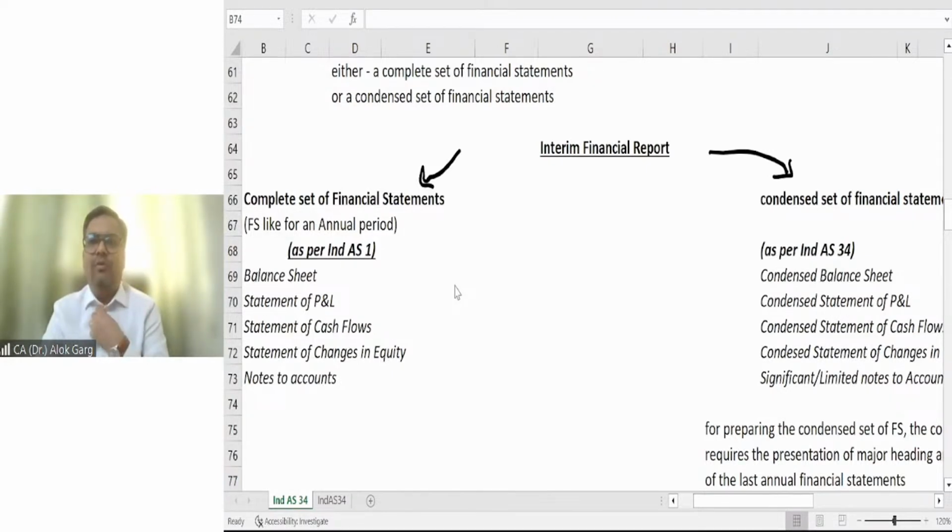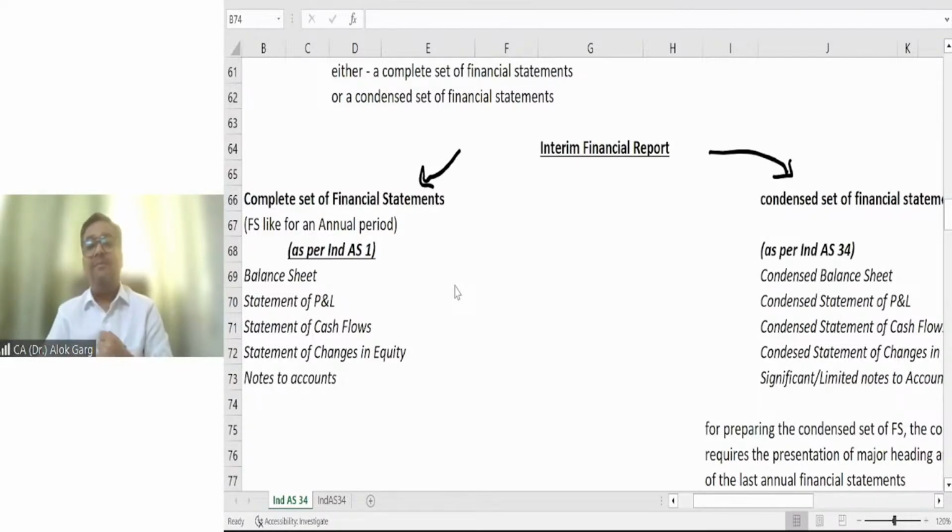And in that case, the auditor has issued a qualified report for the half year and quarter ending September period, right? So it is possible that in one quarter, the auditor will qualify the audit report, and in another quarter, the auditor will not qualify the audit report. There could be such a possibility.